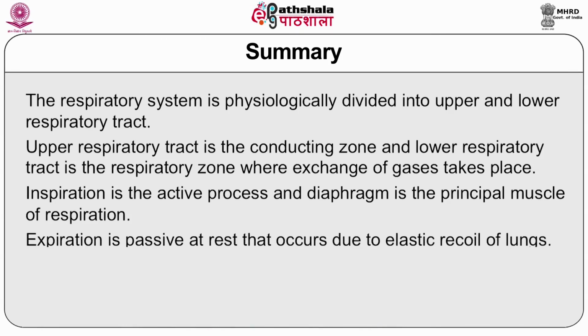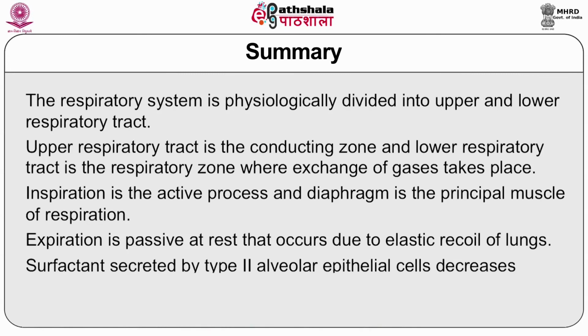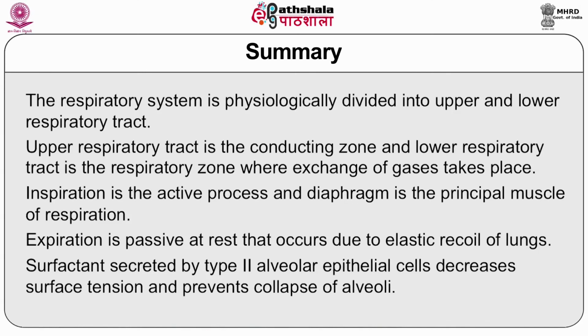Expiration is passive at rest and occurs due to elastic recoil of lungs. Surfactant is secreted by type 2 alveolar epithelial cells and it decreases surface tension and prevents collapse of alveoli.